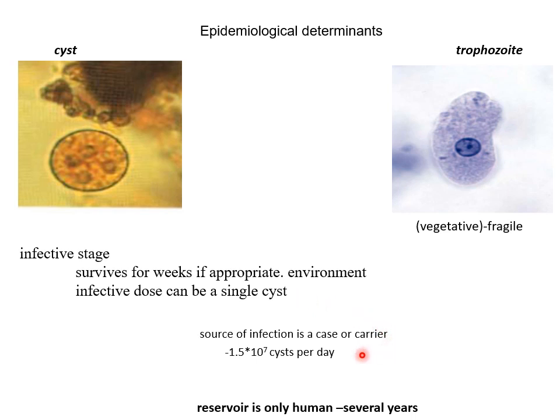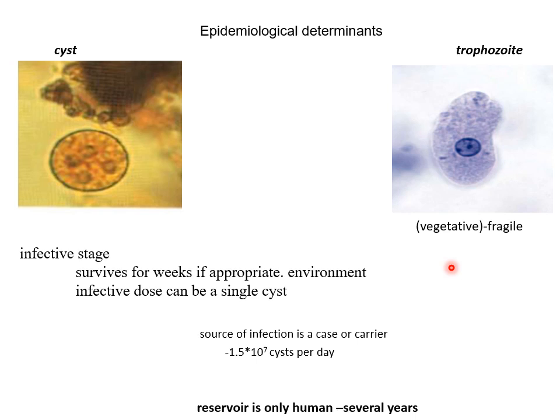So whom do you call a carrier? Somebody who's having 1.5 x 10^7 cysts per day. They are called carriers. And the reservoir is only human and it can go on for years. Your trophozoite is not an infective stage.